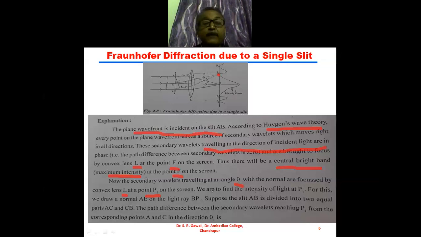So we are to find the intensity of light at the point P1. What do we have to find? We have to obtain the intensity at the point P1, and for this we draw the normal AE. This is the point A and this is the point E. Here we have to obtain this normal.